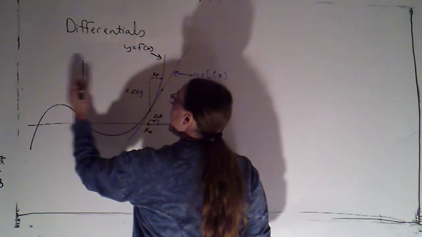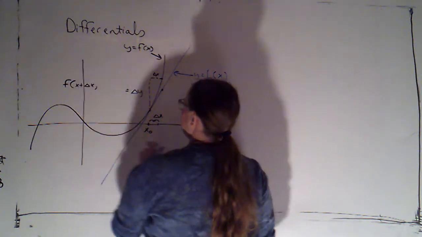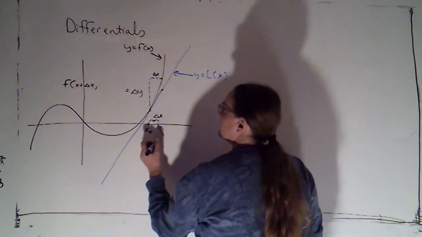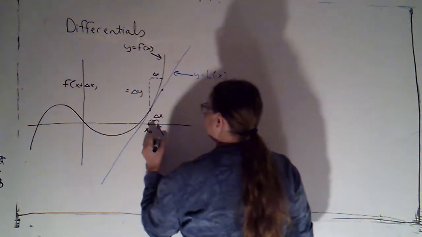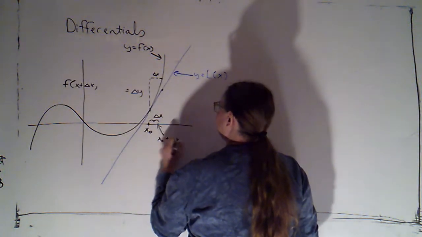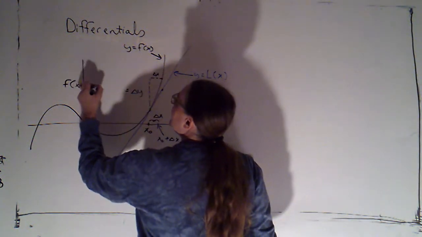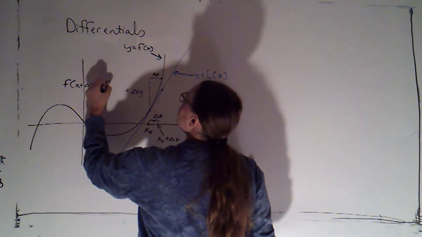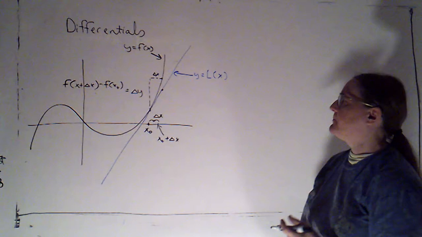So delta y is just f of x naught plus delta x, that would be the x value that I have here, minus f of x naught. So it's just the difference in those y values.